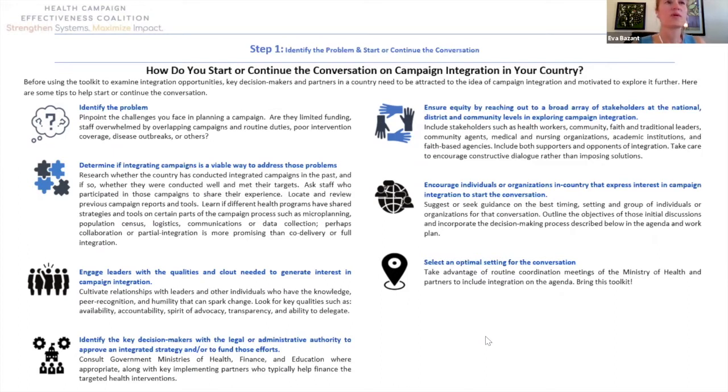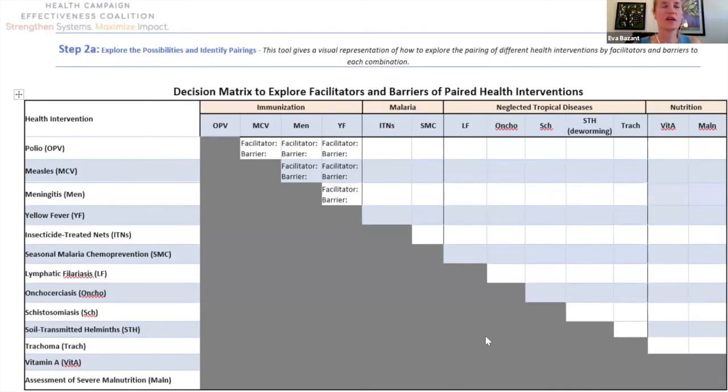So identifying the problem, understanding the motivation or rationale behind potential integration, engaging leaders with the qualities and clout needed to generate interest on campaign integration, and identifying decision makers, ensuring equity as much as possible by also having a variety of stakeholders, including the community level's voice, and other steps for setting up optimal conversations. And I'll turn it over to David to continue on with this matrix.